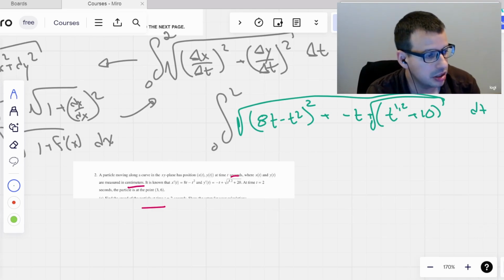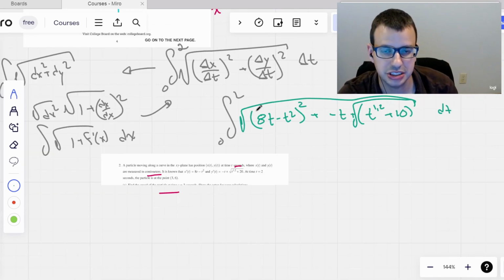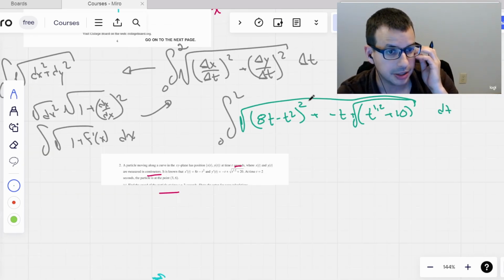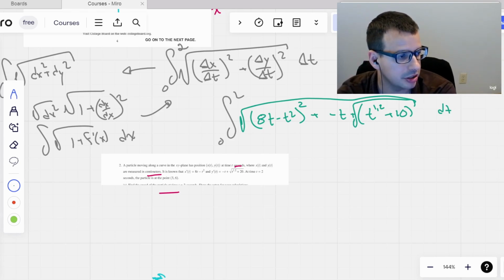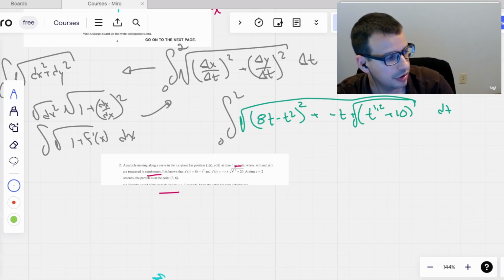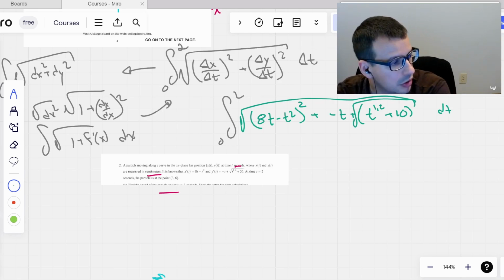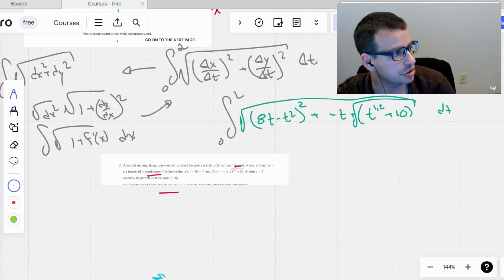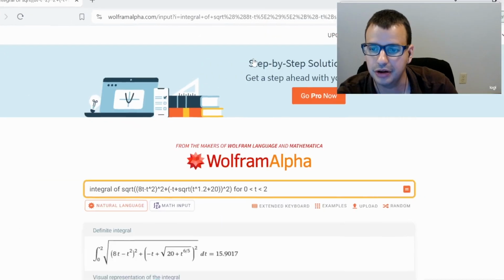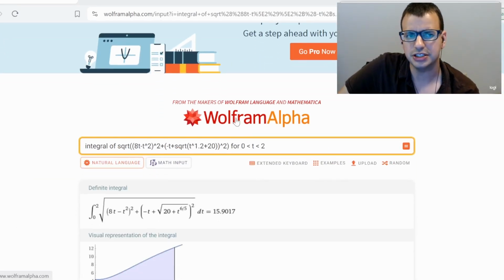And this is very similar to what we just did, except now we're going to integrate it. So I'm basically going to use Wolfram again. Integral of this, for 0 less than t less than 2. And I'll show it to you what I'm doing right here so you can get kind of a warm fuzzy.